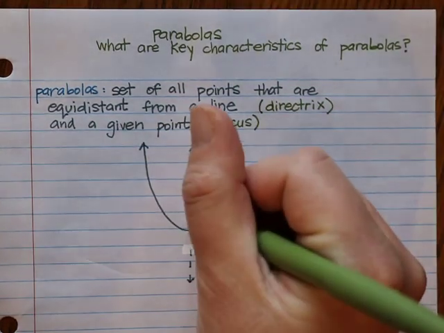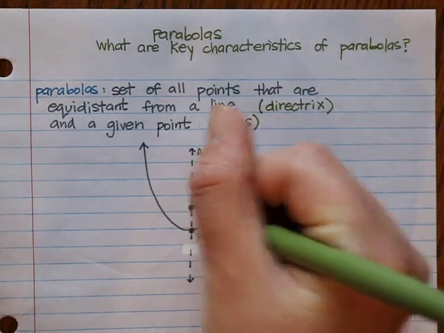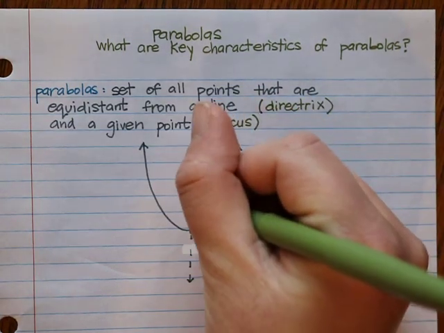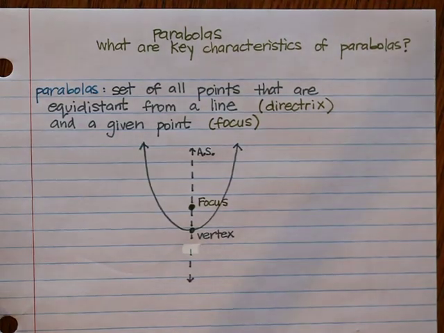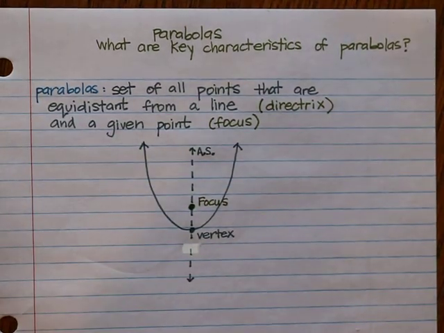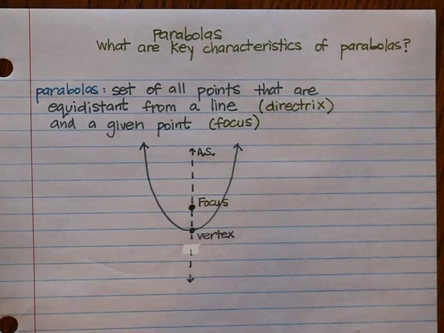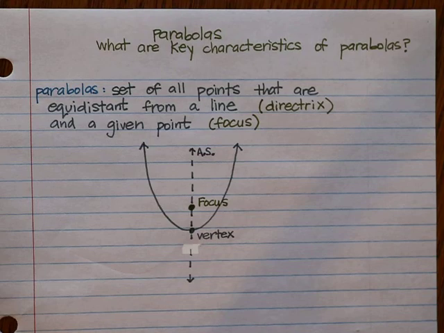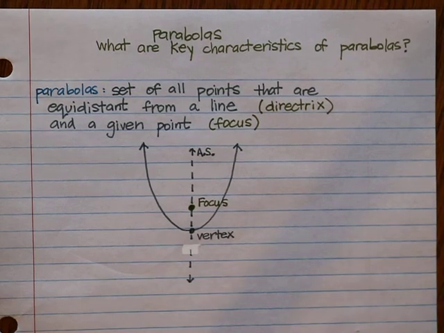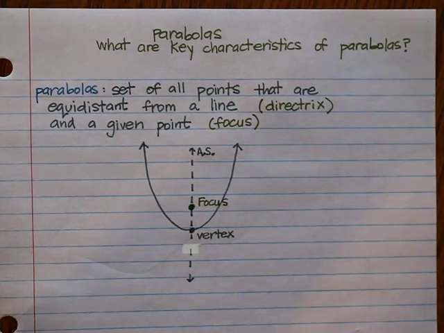So the focus. There is a point inside our parabola called the focus. If you have a satellite dish for your TV, you'll notice it's shaped like a bowl, and then there's that little rod that sticks out of the middle. The reason is because as the rays come in to get you the TV, they all land on that rod, which is the focus.